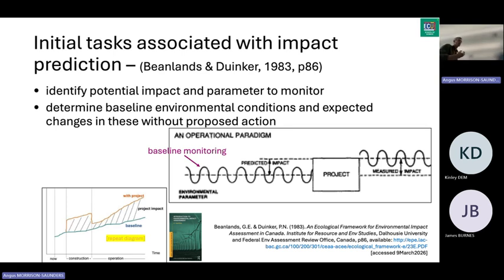And that means that in order to do impact predictions, we do have to have a good baseline understanding of the environment, baseline monitoring. We need to understand what the quality of the environment is before development, and we need to predict what the quality of the environment will be after development. That's what we're doing.